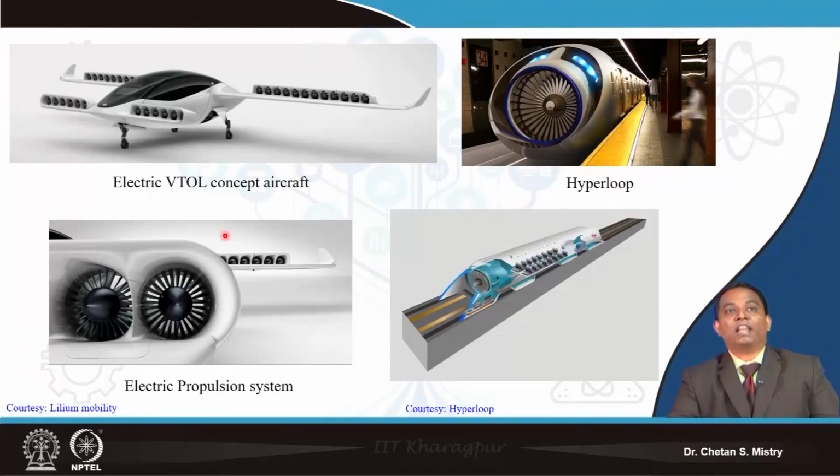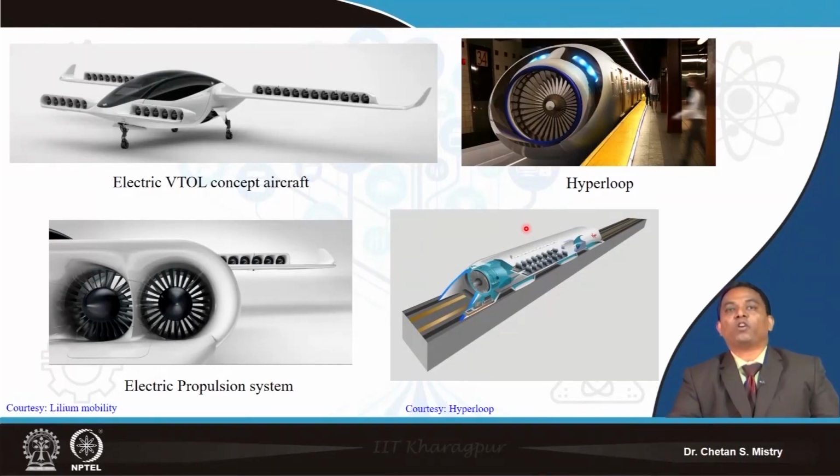This is a Lilium plane, a startup company developed by, say, the University of Stuttgart. Next we look at high speed applications for transportation. This is the case for Hyperloop.